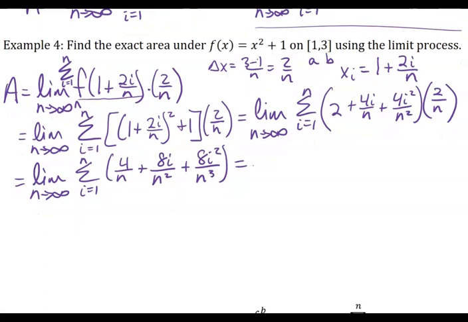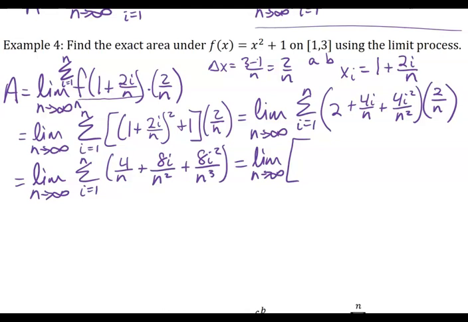All right, so this becomes the limit as n approaches infinity, and then I'm going to break this, like I said, into 3 separate ones. So 4 over n. Now, in the context of this summation, the index variable is i, meaning anything that is not an i acts as a coefficient. Even though I have the limit as n approaches infinity, n is only a variable in the context of my limit, not in the context of the summation.